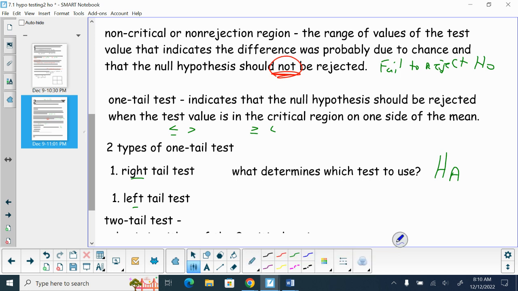When your alternate hypothesis is greater than, with the arrow pointing to the right, you're using a right tail test. When your alternate hypothesis is mu less than, pointing to the left, you're going to use your left tail test. So you look at your alternate hypothesis. That will tell you if you're using a left tail or right tail.